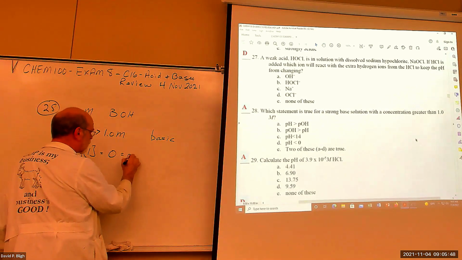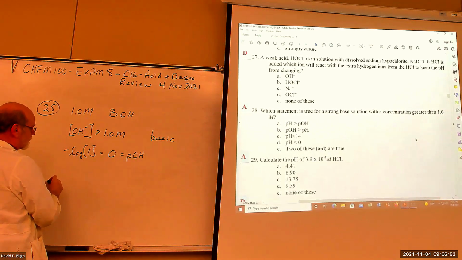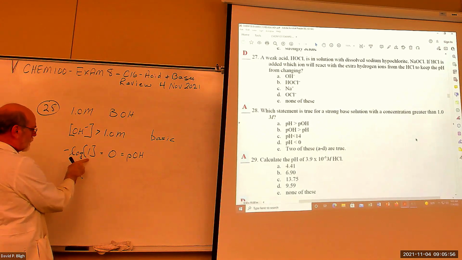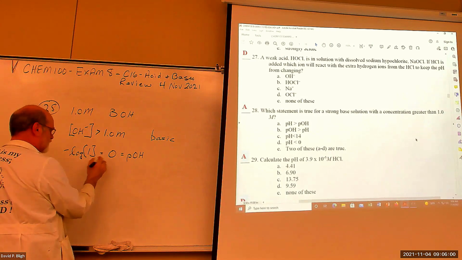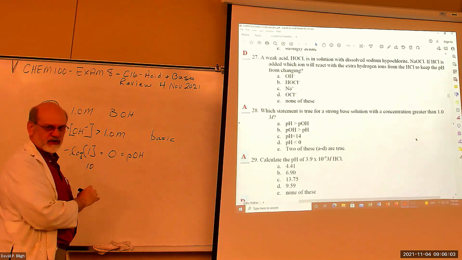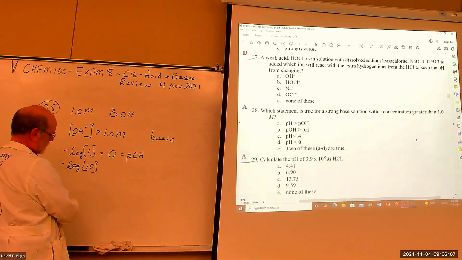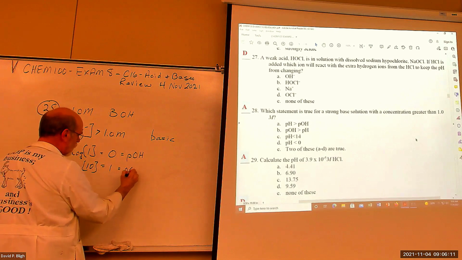So this is equal to the pOH. And if it were greater than 1, say it's 2. Let's say 10. 10 would be easier to do. So the negative log of 10 is 10 to what power? That's equal to 1 equals pOH.